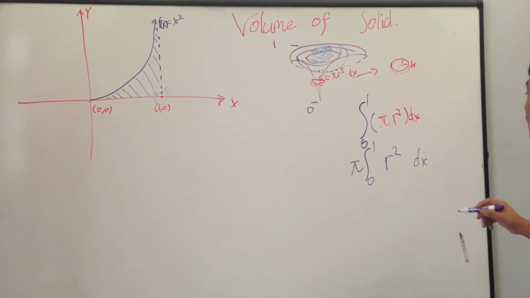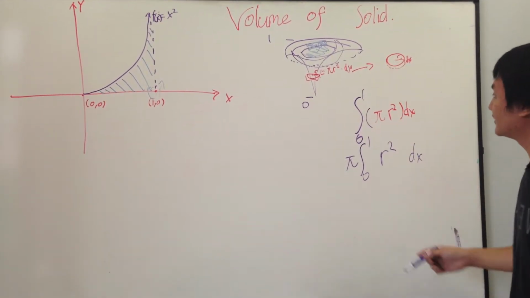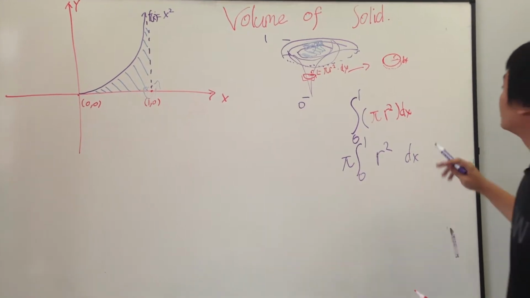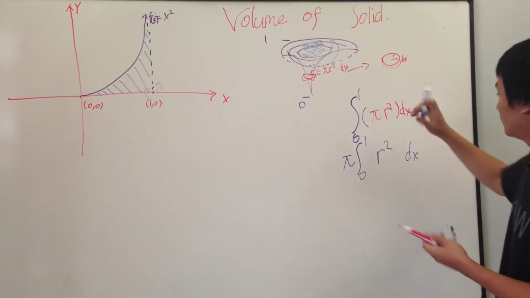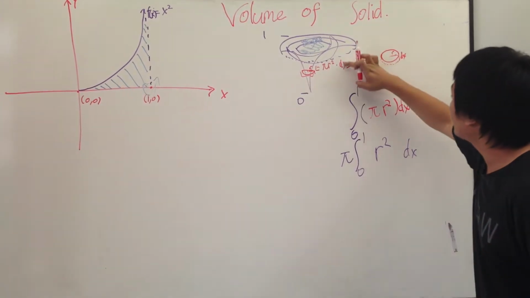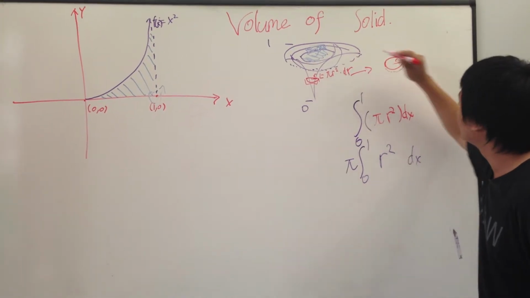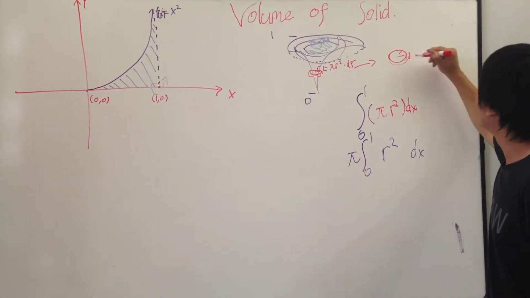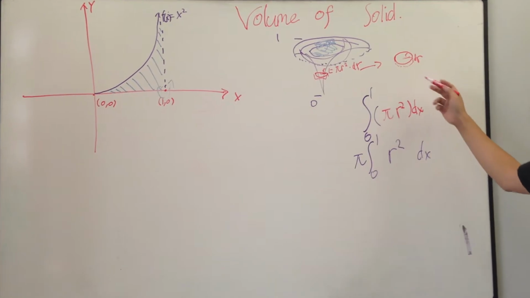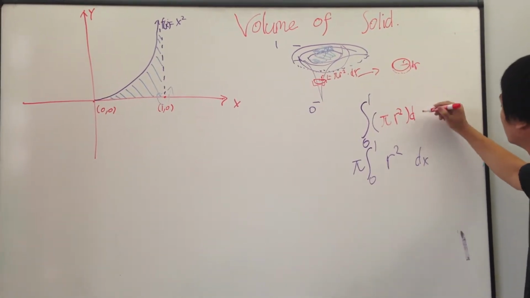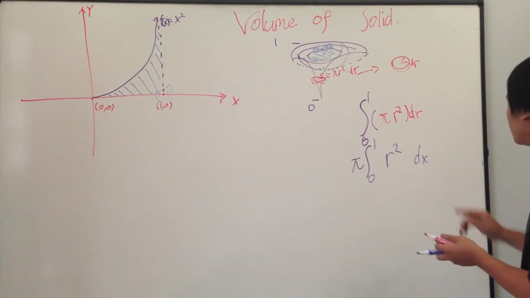I mean, let's not call it dx because it might confuse people. Let's call this dr instead. I'll just switch the dx to dr. Dx, dr, same thing, but it's easier because right now the variable is the radius instead of x. So we change everything to dr.